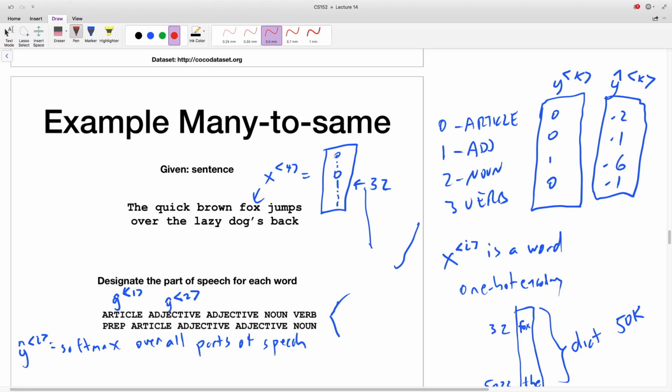What might we remember to predict the next word? Say we don't even have this information here. So we have article, adjective, adjective, noun, and we get to jumps. But let's say actually we're doing prediction now, and we happen to get a word that wasn't in our dictionary, like blurches.